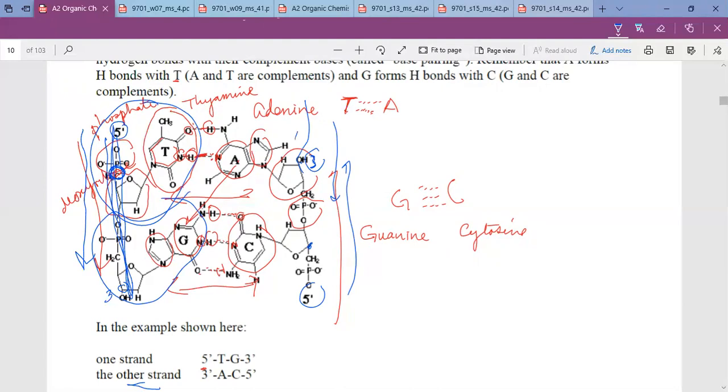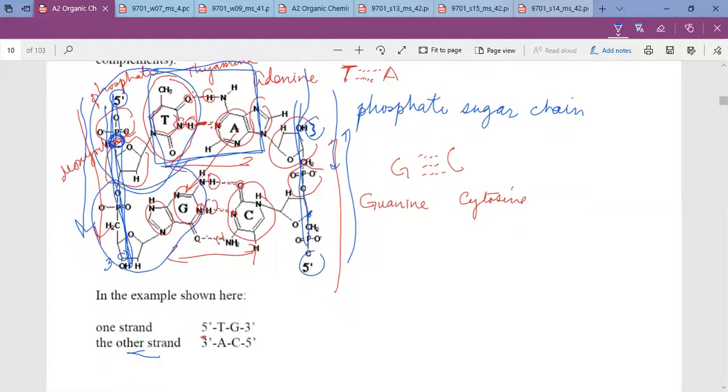There are 2 chains here, each a phosphate and sugar, or ribose, chain, and they're linked together by the pairing of the bases, A to T or T to A, G to C or C to G, by hydrogen bonds. This forms a long polymeric chain.